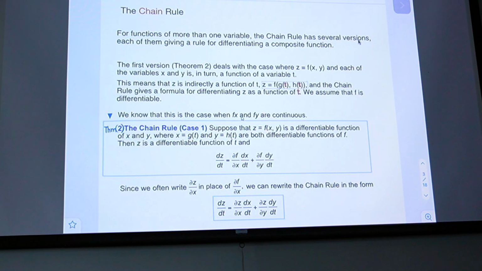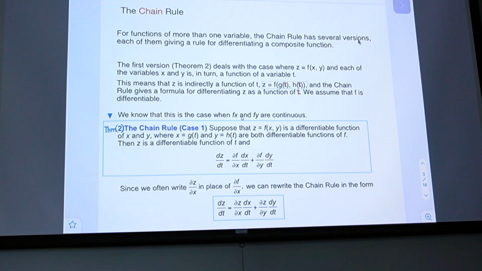So this and this are both differentiable, and the outer function f is also differentiable. These two are differentiable functions of t. Then z is a differentiable function of t. And when you try to differentiate z with respect to t, how do you find the derivative of z with respect to t? That will be partial f/partial x times dx/dt plus partial f/partial y times dy/dt, okay?